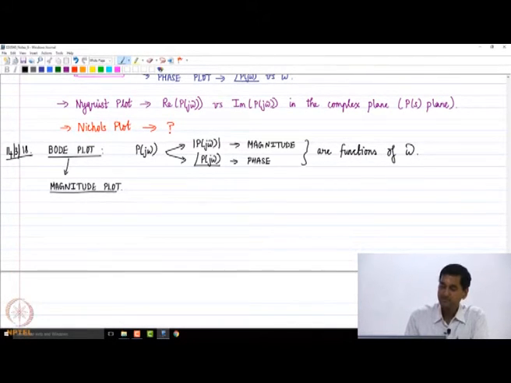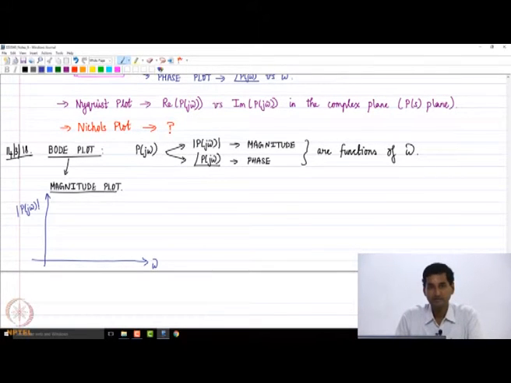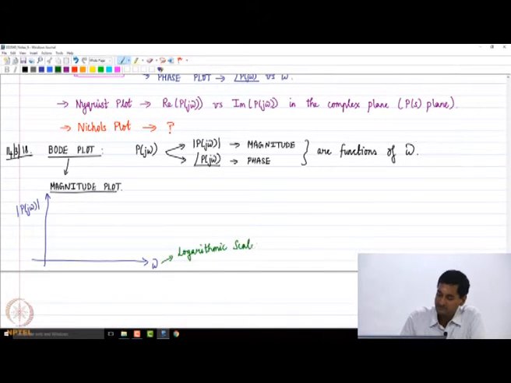So what is this magnitude plot? In the magnitude plot, we plot omega on the abscissa and the magnitude of P of j omega on the ordinate. But the important thing to note is that we use a logarithmic scale for omega on the abscissa, or the horizontal axis, and this P of j omega is plotted in decibel measure.